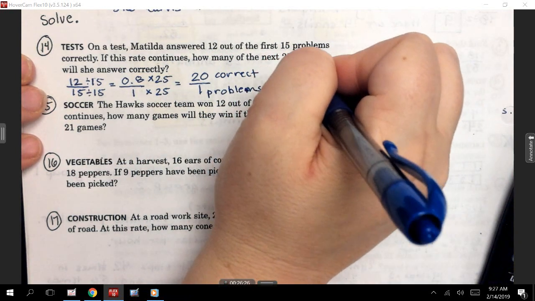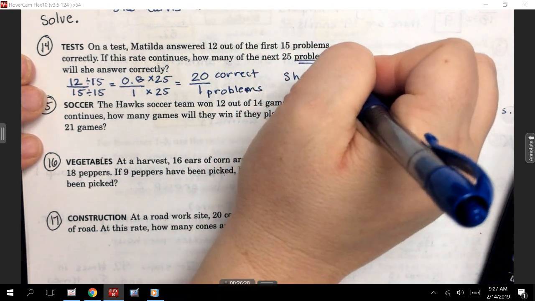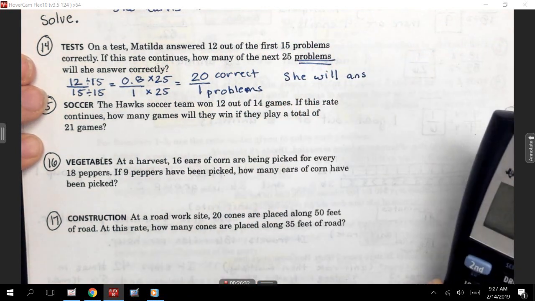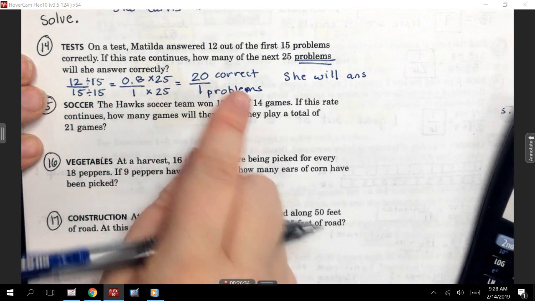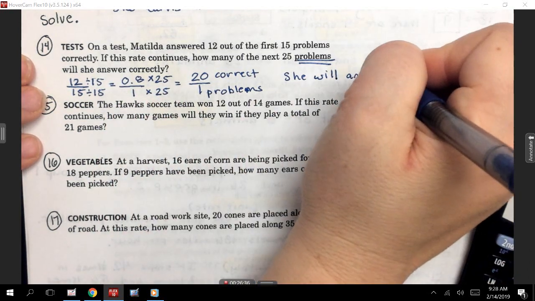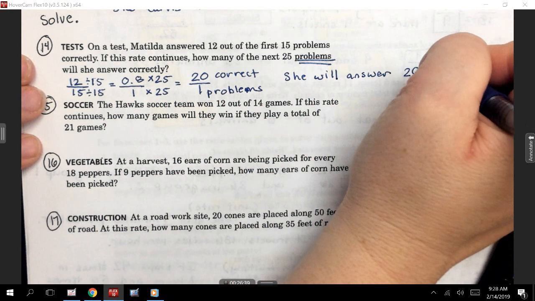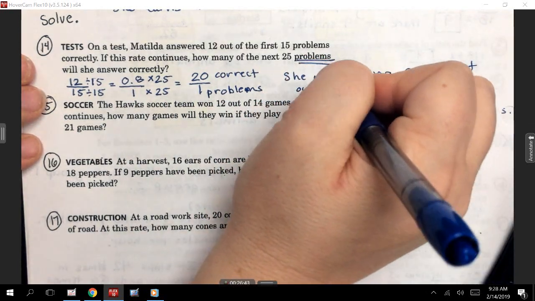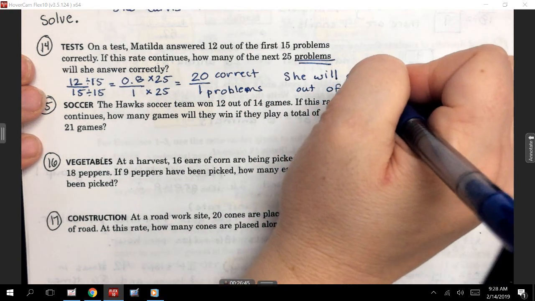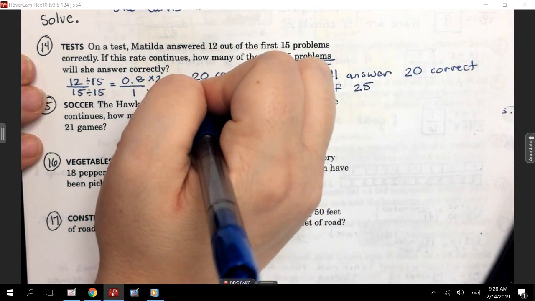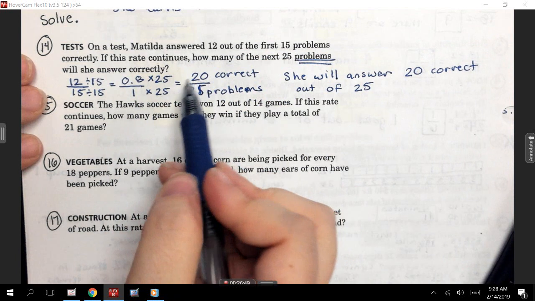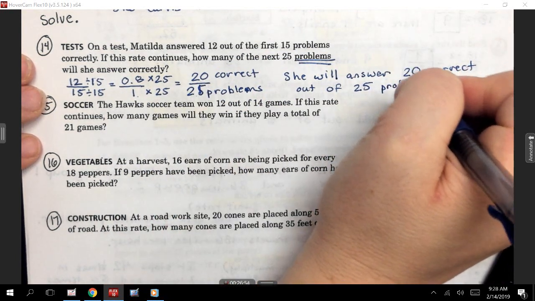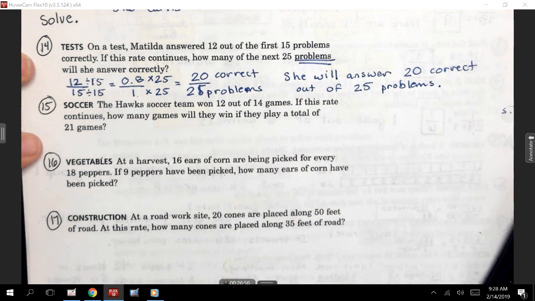So she will answer, I did times 25, it's 20. She will answer 20 correct out of 25. Down here, I see what you're saying, 25. I got you. So that should have been 1 times 25 is 25. 25 problems. Okay?